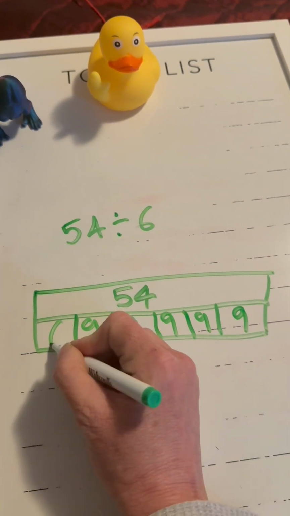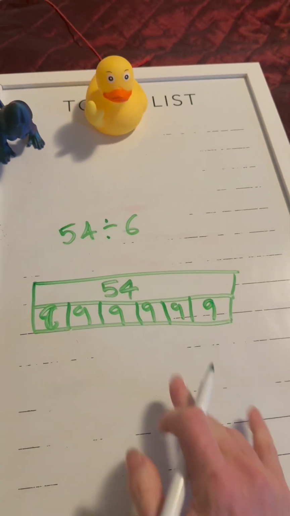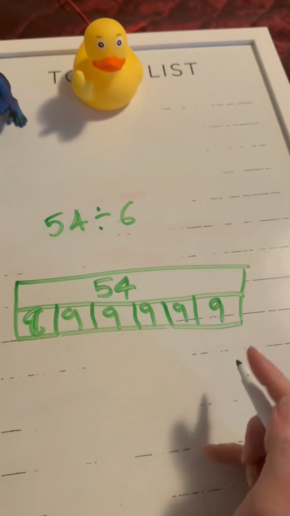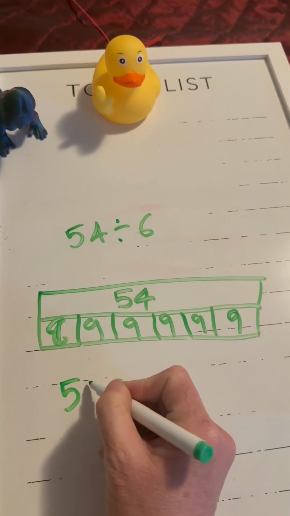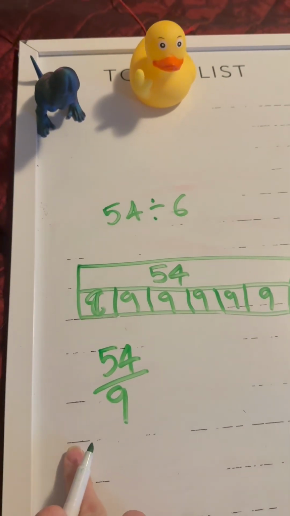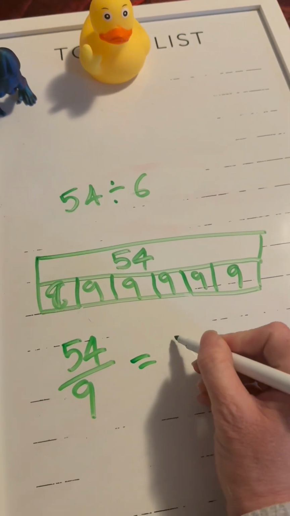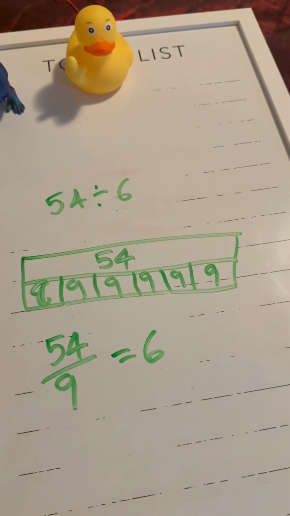So we've got 6 lots of 9. Now, do you remember how we said a while ago that that's a really horrible way to write things? And that if you see a number written like that, what it's actually talking about is 54 divided by 9, which is 6. Anyway, I was going to put a little disclaimer at the start saying today you had to go with it and just see where this is going. But I promise you, this is where it's going and it's going to be helpful.